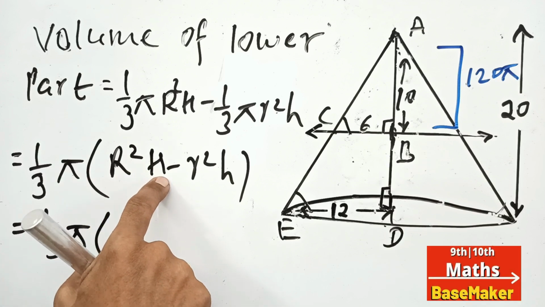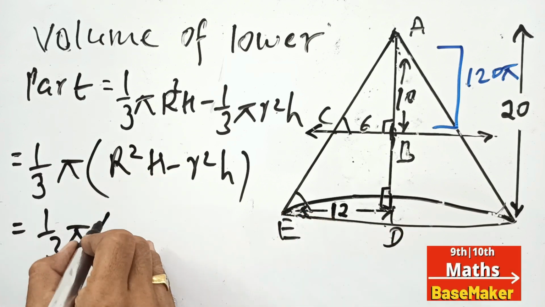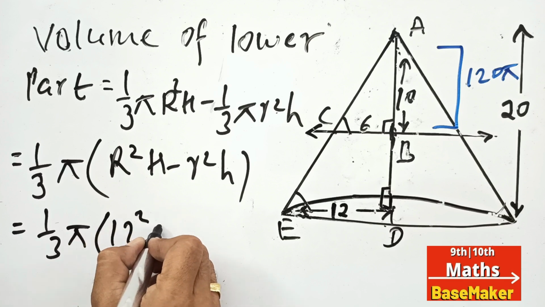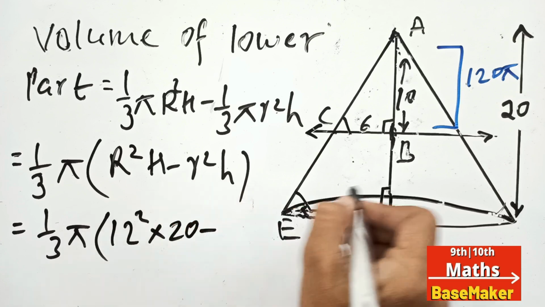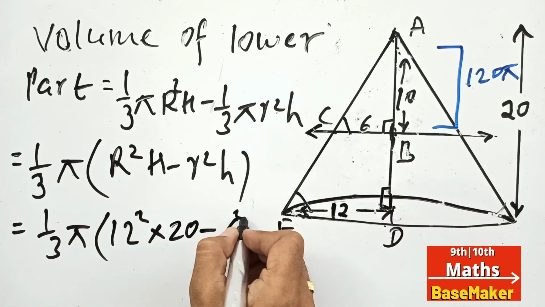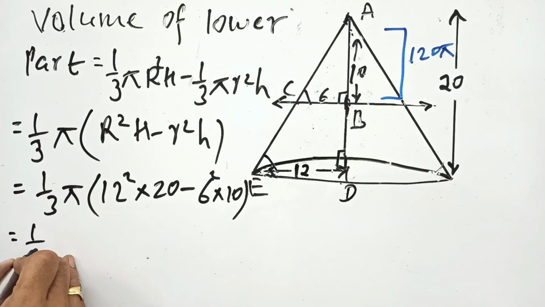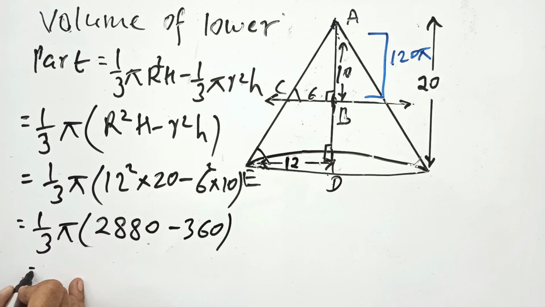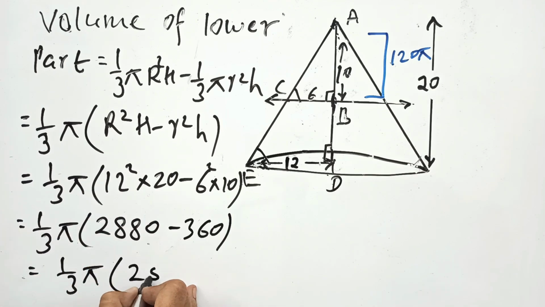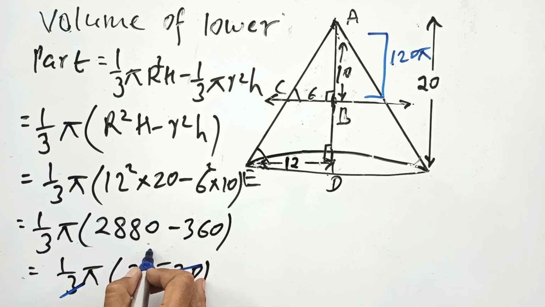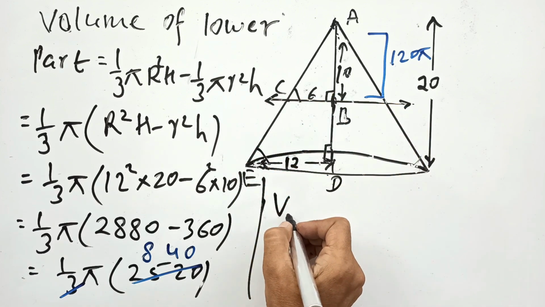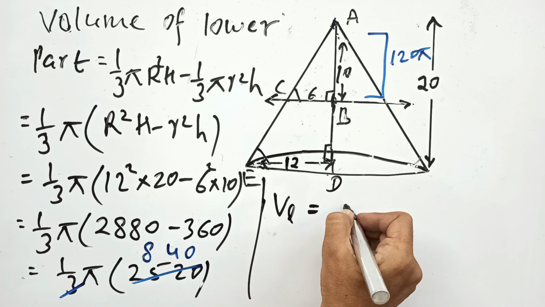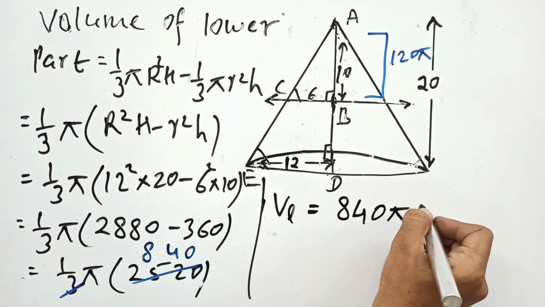Capital R and capital H mean 12 square into height 20, minus small r small h, so it is 6 square into 10. Separate from this, 2520 cancel by 3. So let us suppose this volume of the lower part is VL, it is coming 840 pi.